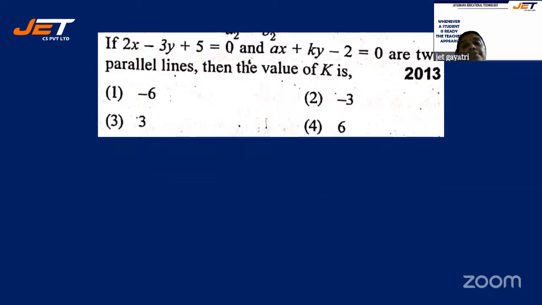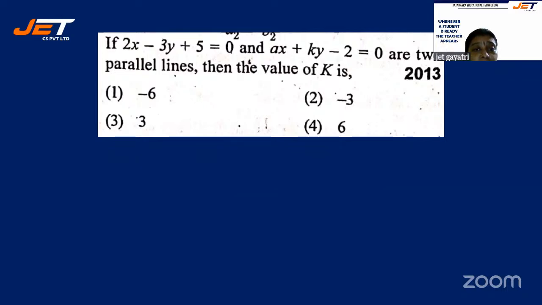This question has been asked in the year 2013. Let me repeat the question again. We have two equations: 2x minus 3y plus 5 is equal to 0 and ax plus ky minus 2 is equal to 0. These two are parallel lines. With this condition, what is the value of k?